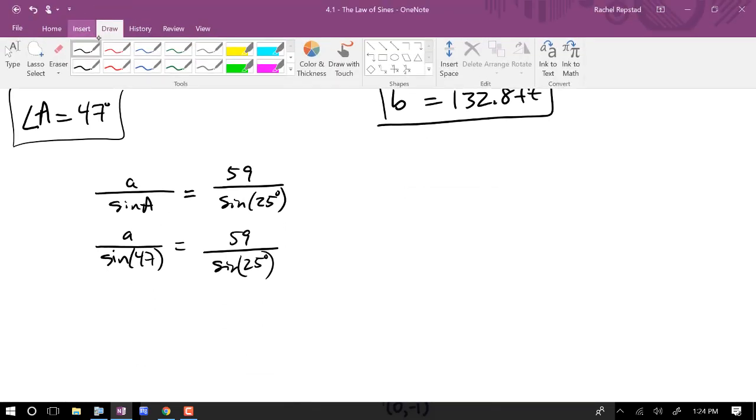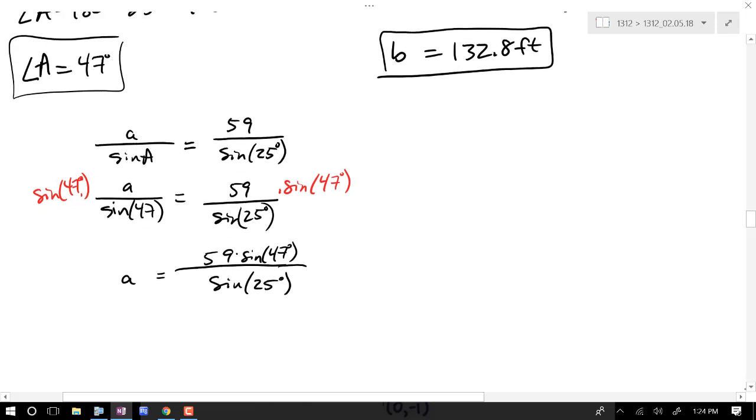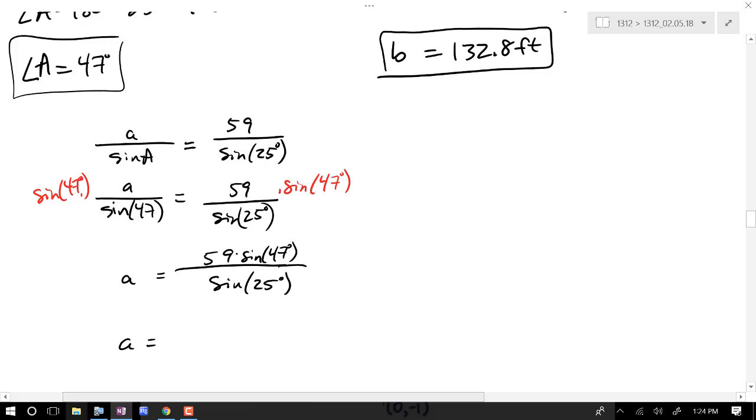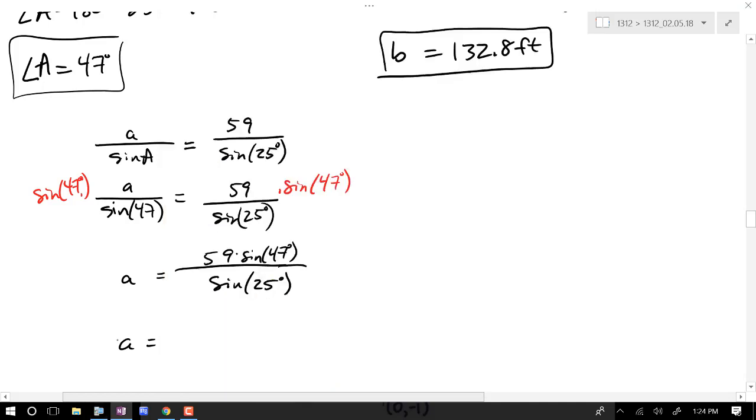Multiply both sides by sine of 47. We get 102.1 feet. This is the side. Huzzah.